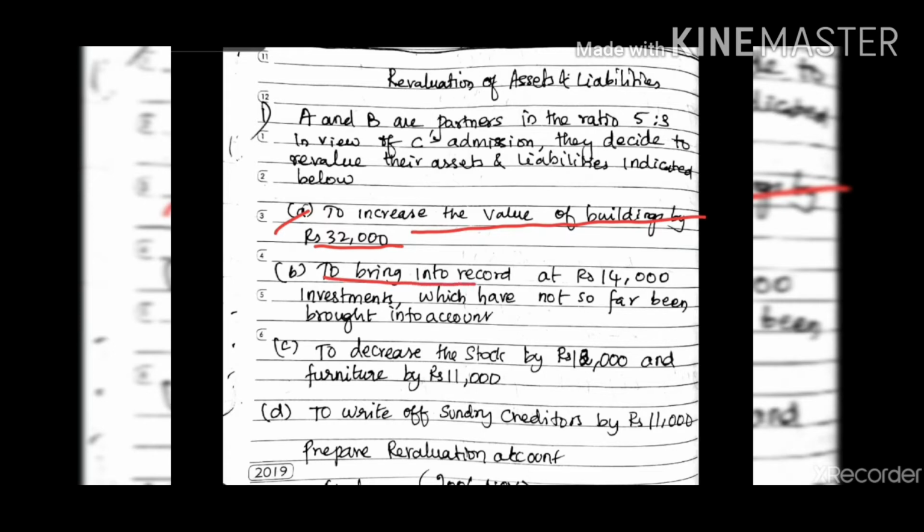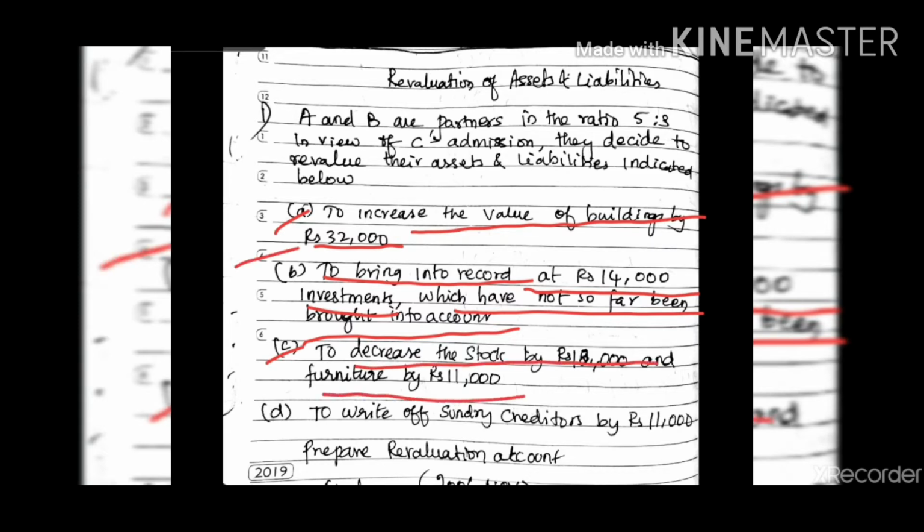To bring into record, add rupees 14,000 investment which has not so far been brought into account. Next, decrease the stock by 12,000 and furniture by 11,000, write off sundry creditors by 11,000. Prepare the revaluation account. It is a 2006 question.